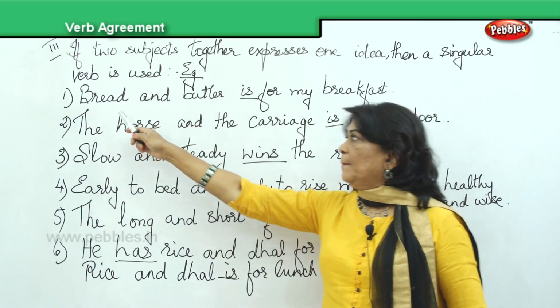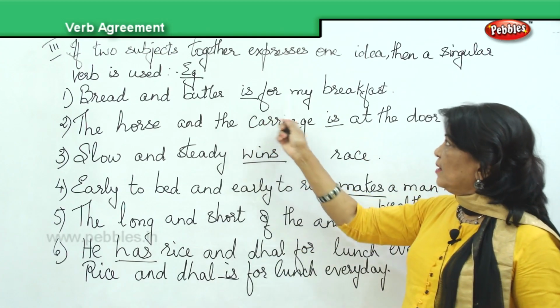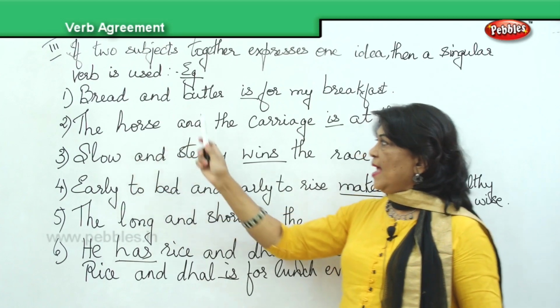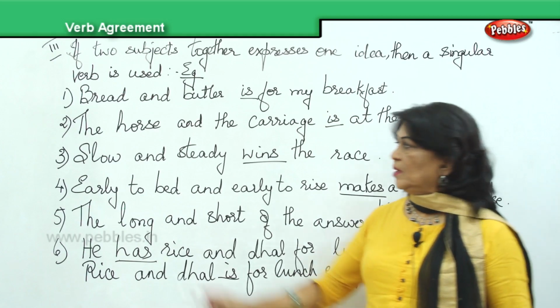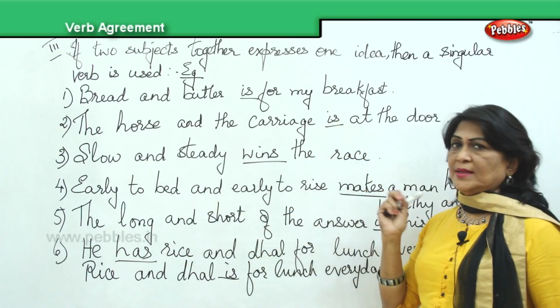Bread and butter are two different things. Bread and butter is for my breakfast. The horse and the carriage is at the door. Slow and steady wins the race.